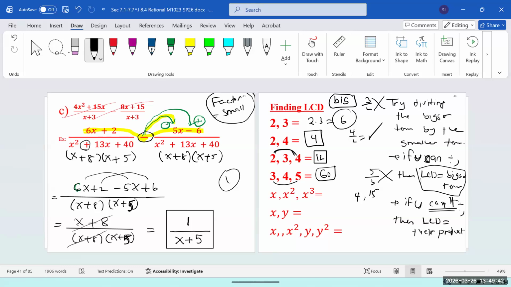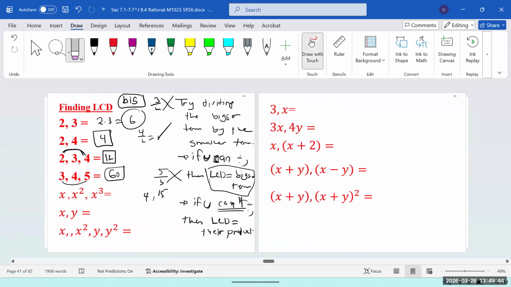Let me do it again for another one. Let's say we have 5, 6, and let's say 8. Now 6 and 8, they're even, right? Does it work? Let's see.